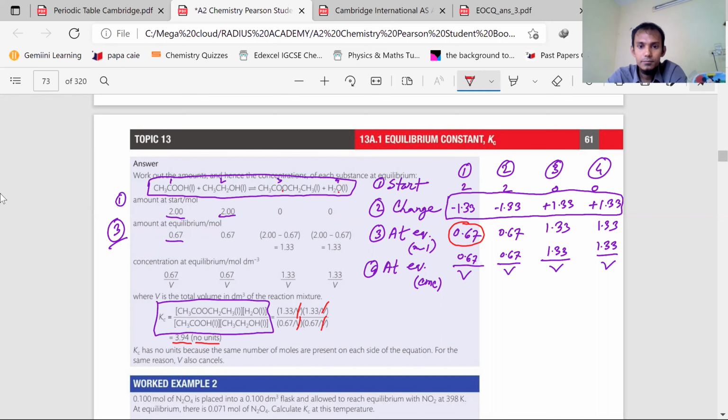Sir, shouldn't reactant 2 molar be squared? There is no reactant with 2 mole. The 2 mole is the amount at the start. You will take the Kc expression from the stoichiometric balanced equation. Look at the mole ratio here. If I gave you 100 mole, is there a problem?